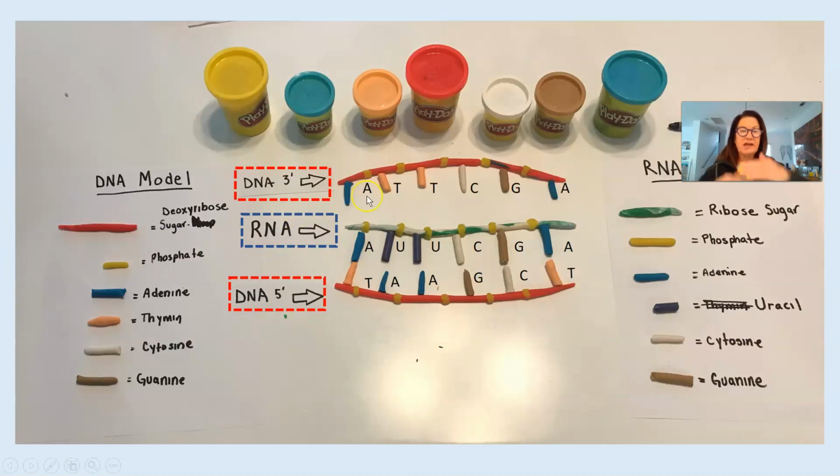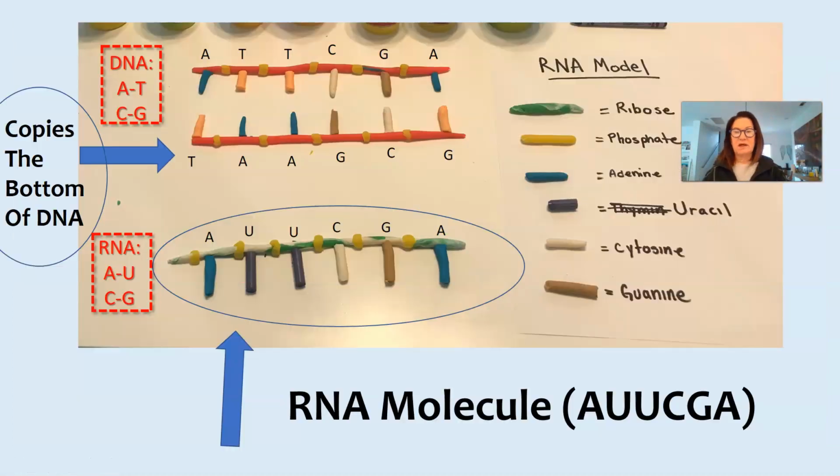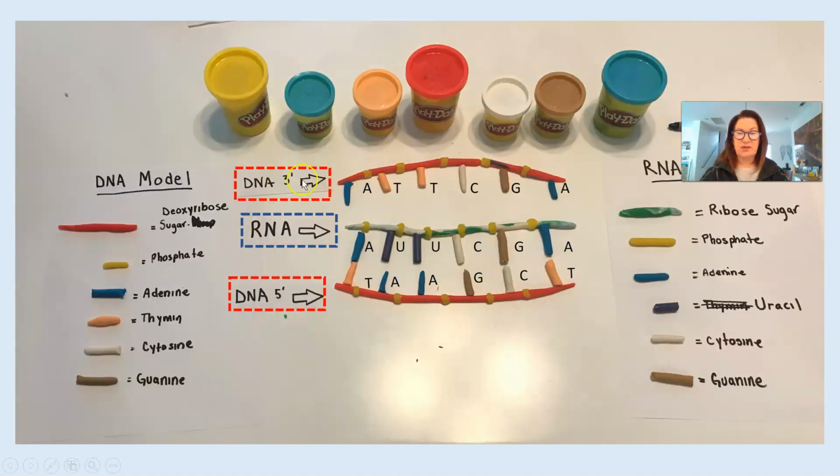Okay, so if I separate out those two DNA models like here, see how I have the DNA together here? Well, what happens when it makes RNA? It splits open, and then RNA is made on top, like here. This is my top part of the DNA, this is my bottom part of the DNA, and this is where I'm making my RNA.